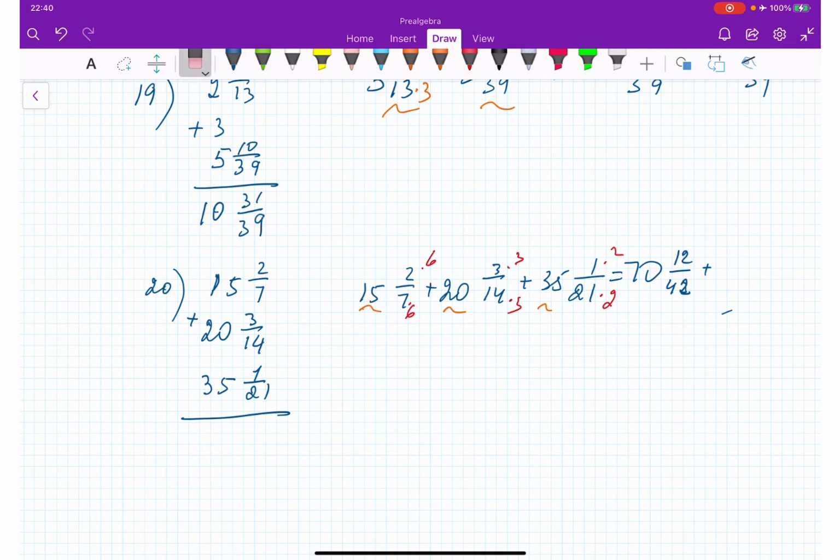Excuse me, so 3 times 3. So the result is 70. 12 plus 2 is 14. 14 plus 9 is 23. And we are getting the answer, 70 and 23 over 42.